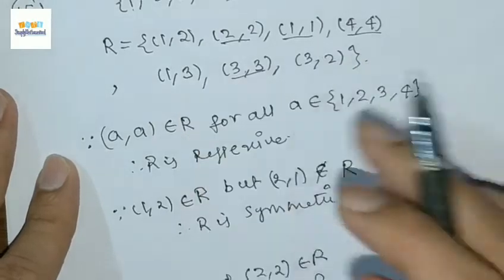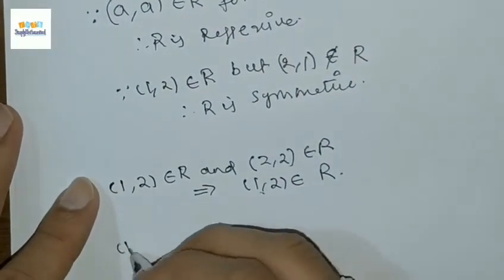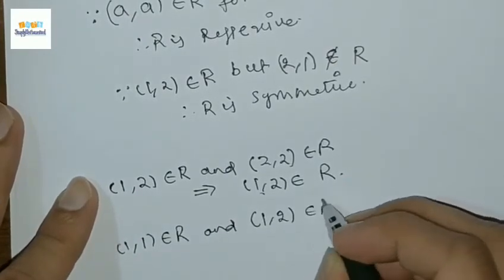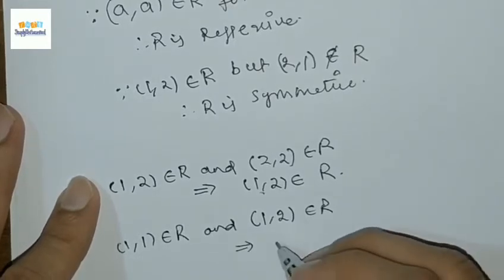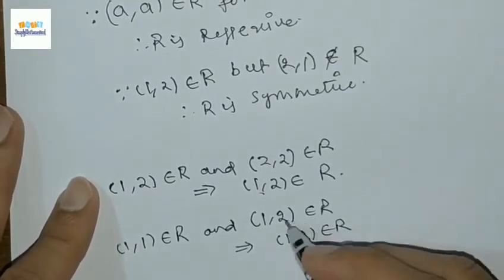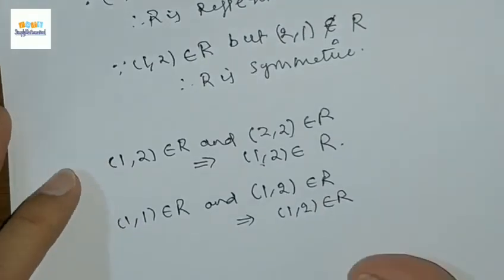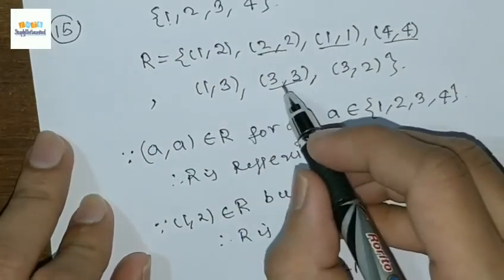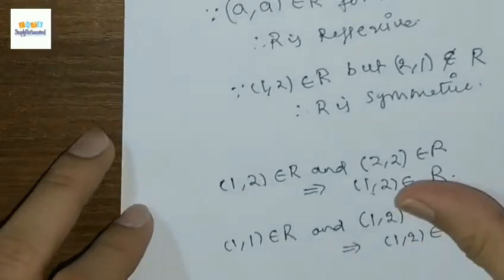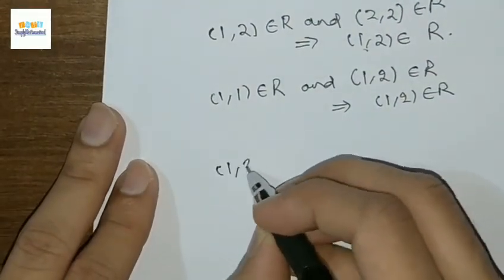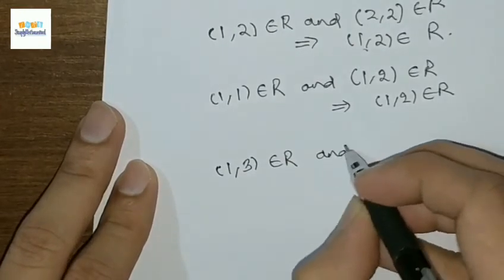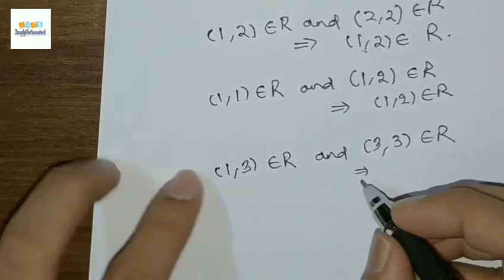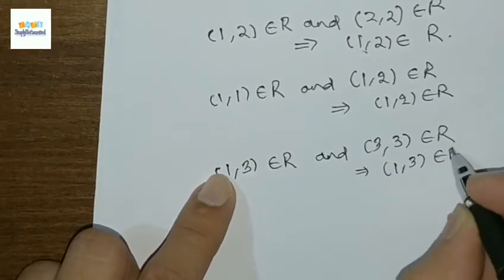Now we will take (1, 1) and (1, 2). (1, 1) belongs to the set R and (1, 2) belongs to the set R, implies (1, 2) belongs to the set R. Then we will take these two elements (1, 3) and (3, 3). (1, 3) belongs to the set R and (3, 3) belongs to the set R, implies (1, 3) belongs to the set R.